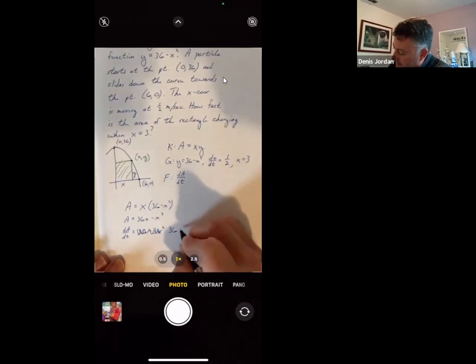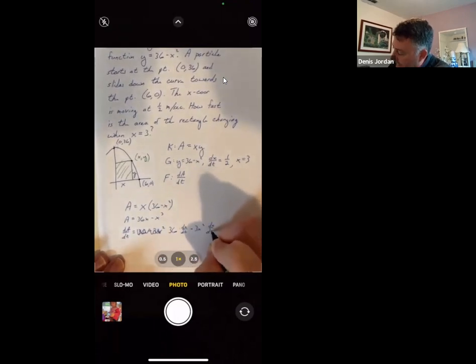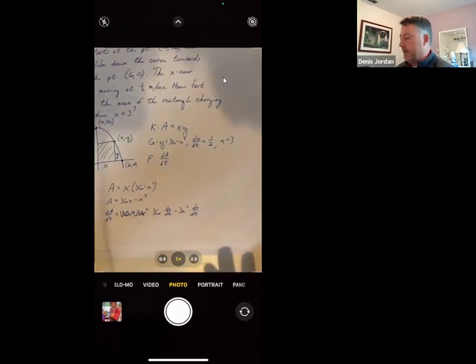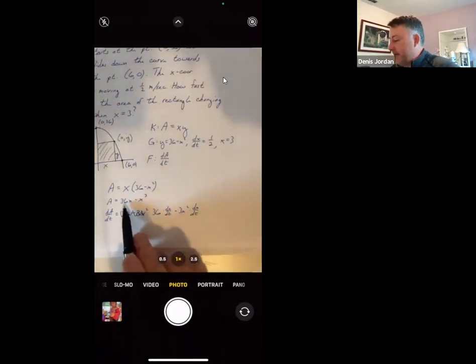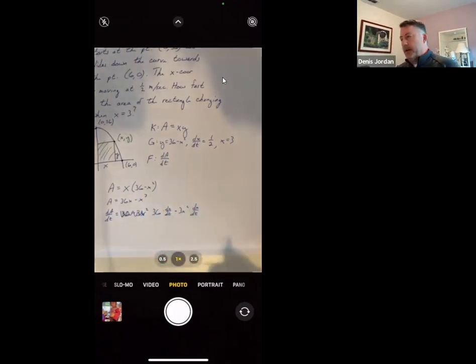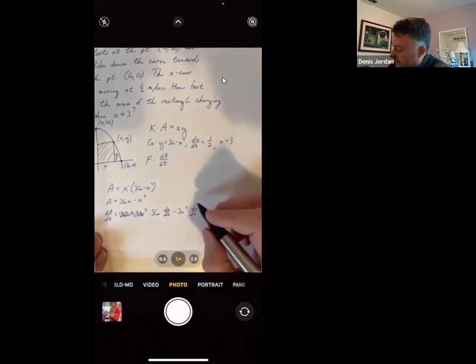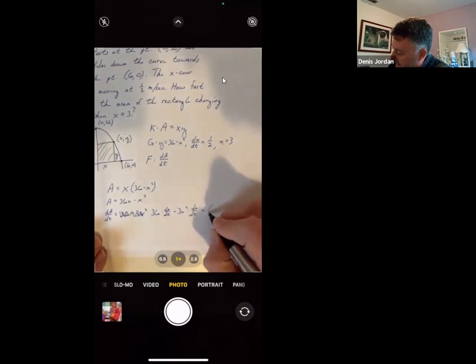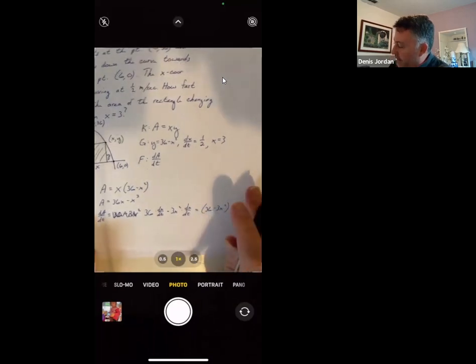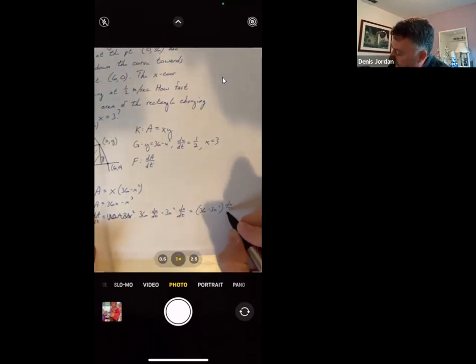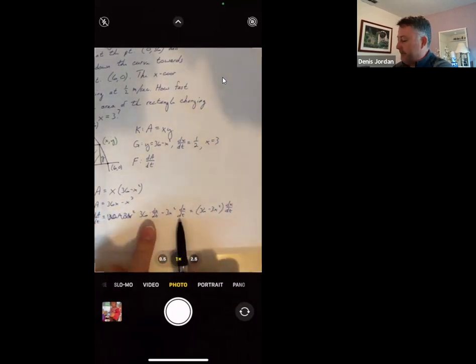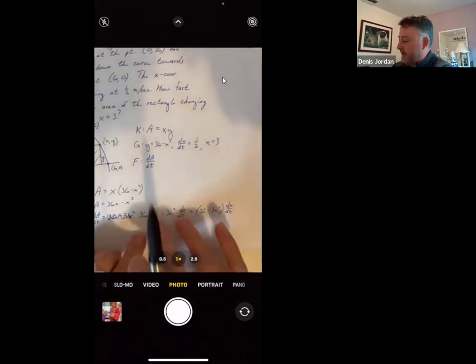It should be 36 dx/dt minus 3x squared dx/dt. But since everything's in terms of x, instead of writing the dx/dt several times, you could just get your derivative, 36 minus 3x squared, and multiply that whole thing by dx/dt, because essentially you're just factoring it out.